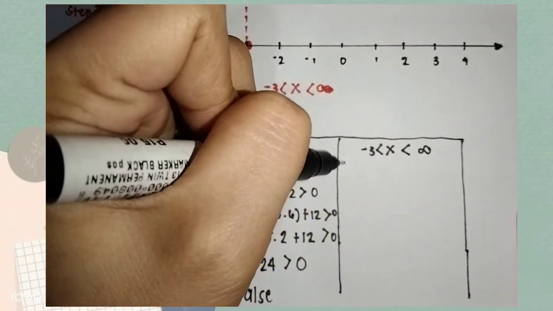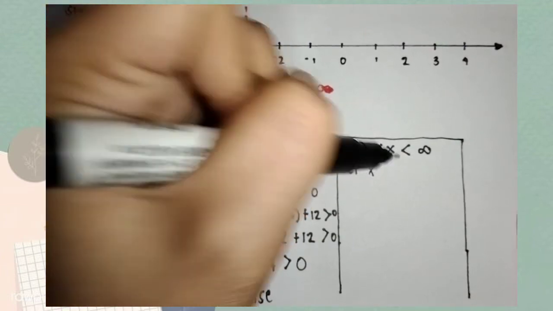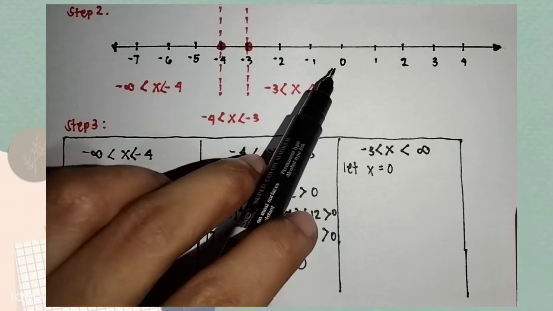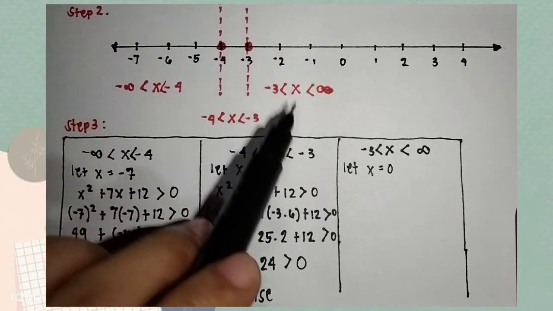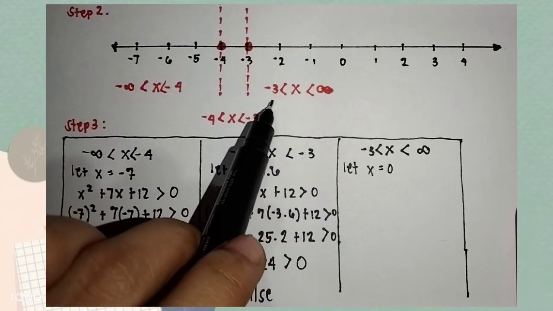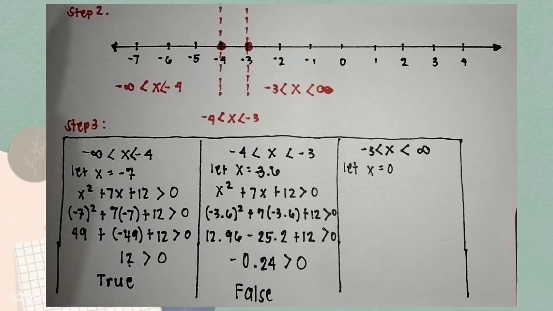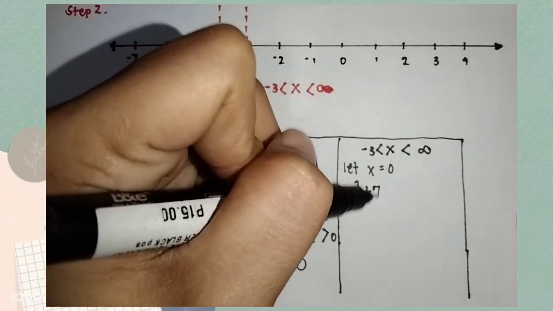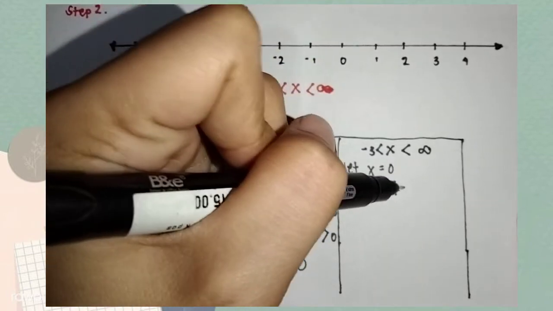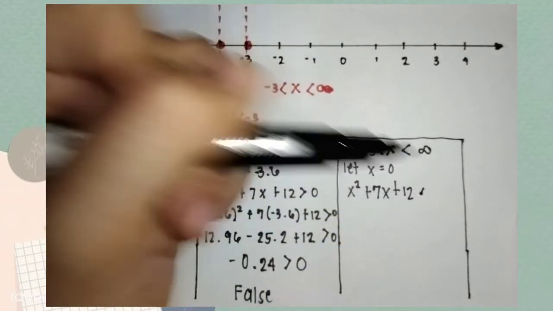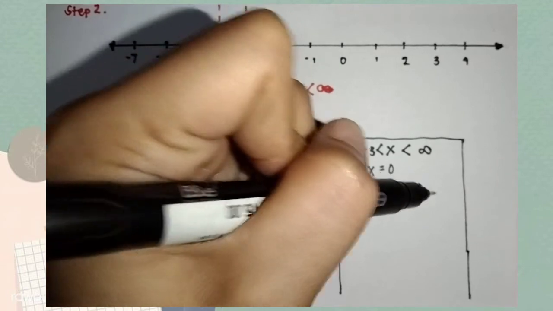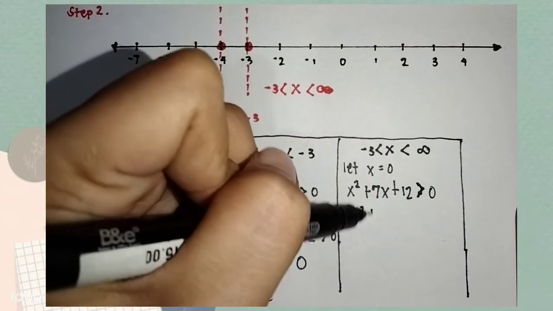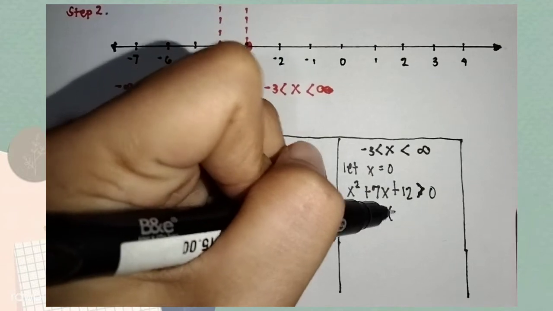So, let x equals 0. Ayan. So, ang 0 ay matatagpuan dito. Okay? So, nasa pagitan siya ng negative 3 and positive infinity. Okay. So, let's substitute. Is greater than 0. Okay, so palitan natin yung bawat x ng 0.